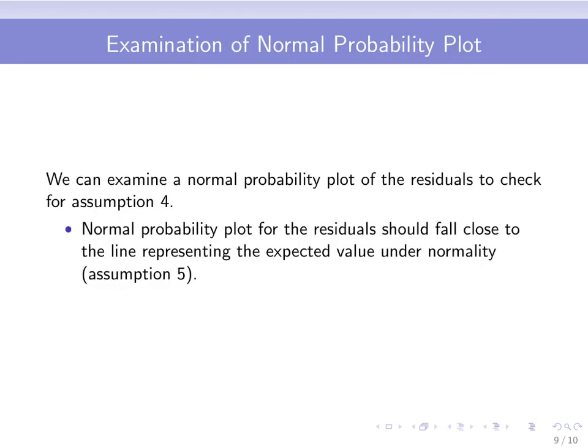The last thing that we can look at is to check the normality assumption. This should be assumption number 5. We can check the normal probability plot of the residuals to check for the normality assumption. The normal probability plot basically plots the expected value if we do have a normal distribution, and you want to compare where your residuals fall and whether they fall close to the expected values.